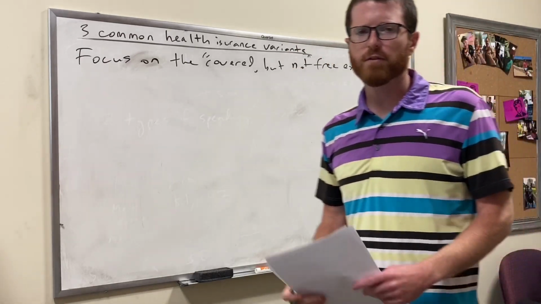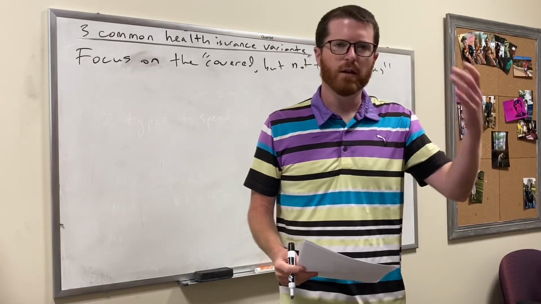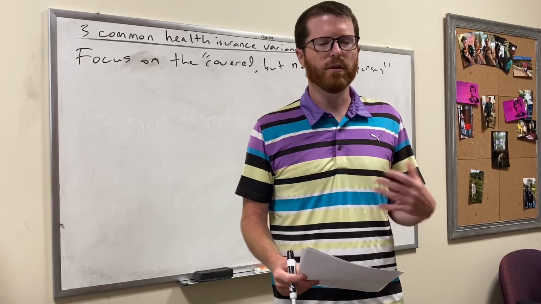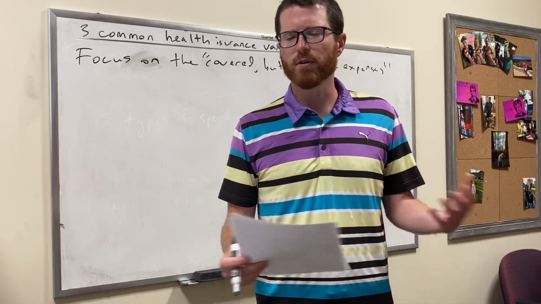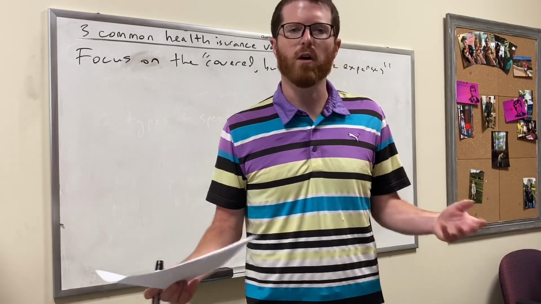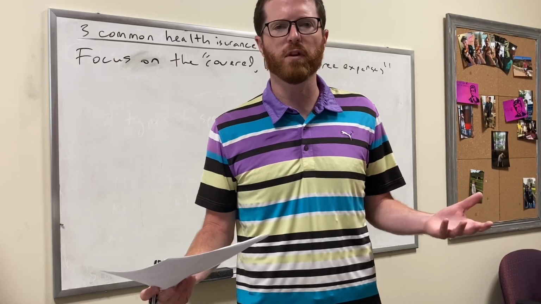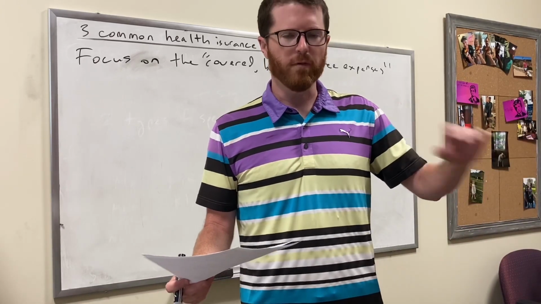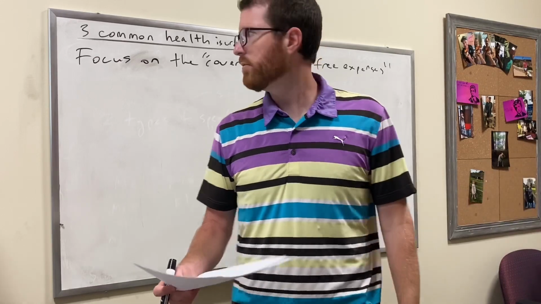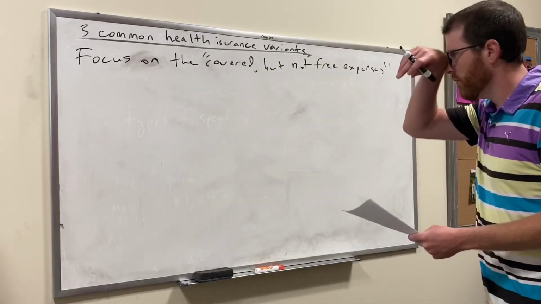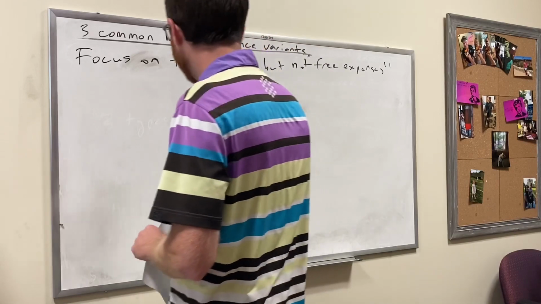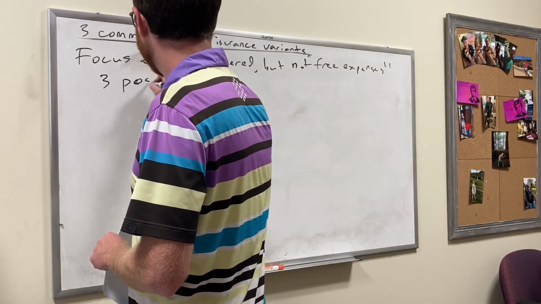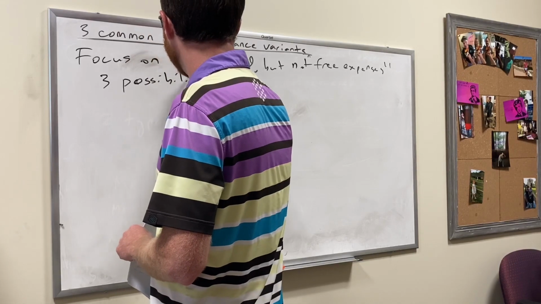So this is going to the doctor because you think you might have a sinus infection, or going to the doctor to get x-rays, get an MRI, whatever. It's the typical stuff that you might have to spend money on, aside from preventative measures like yearly checkups. So in regards to these types of expenses, there's 3 possibilities in regards to how you'll be charged.